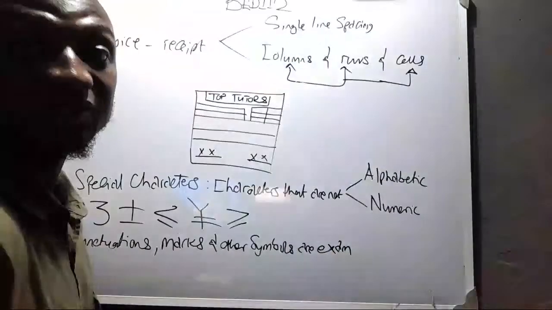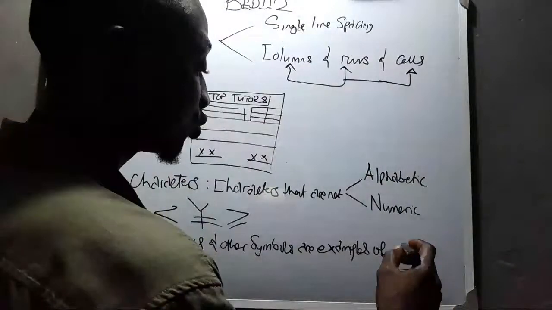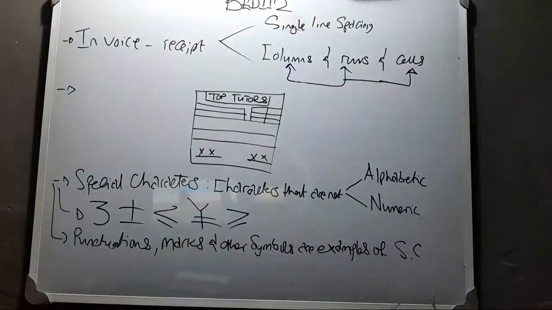They are all examples of what we call special characters: punctuation, marks, and other symbols.